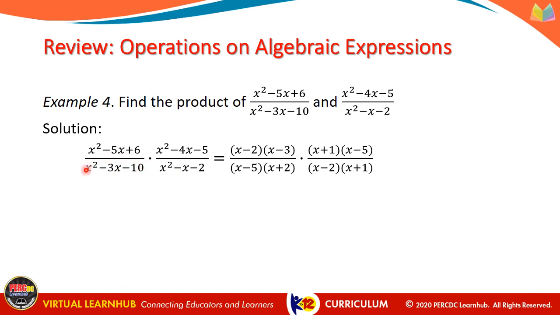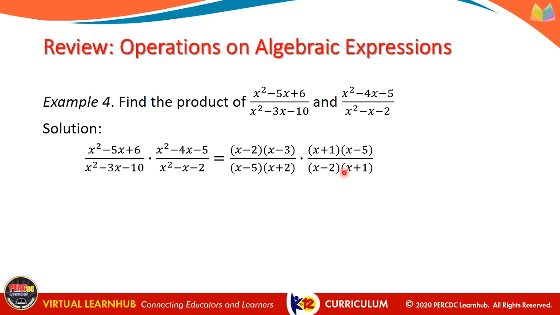X squared minus 3x minus 10 can be factored as x minus 5 times x plus 2. X squared minus 4x minus 5 can be factored as x minus 5 times x plus 1. And x squared minus x minus 2 can be factored as x minus 2 times x plus 1.